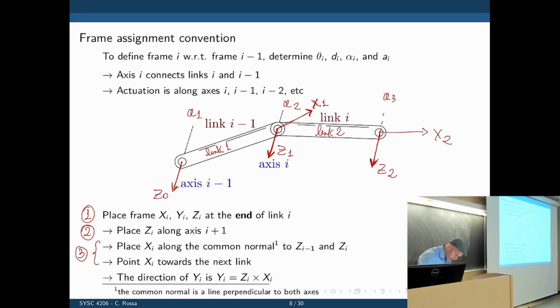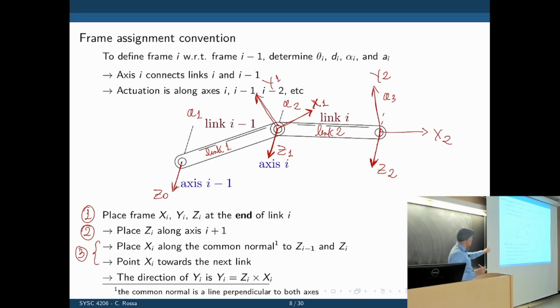So let's do this properly. Y1. So X goes that way, Z is coming out of the screen, and then Y goes up on an angle. Where does Y2 go? So Z coming out, then X also goes up. Right? So something like this.